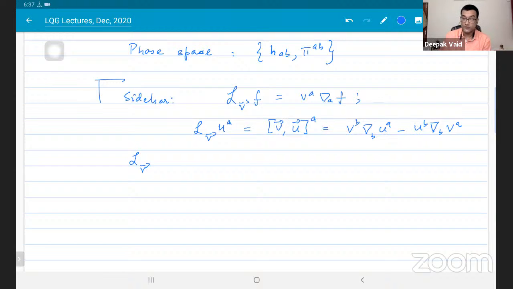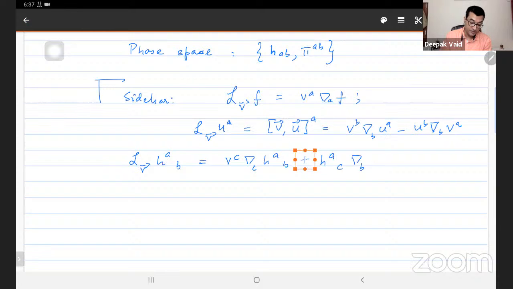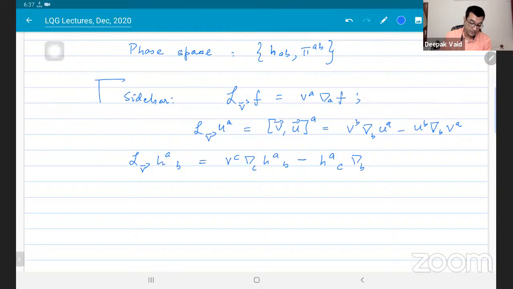Then you apply the Leibniz rule, you expand out everything, and you find that if you have a tensor field of this form, then the Lie derivative will be the term with AB, plus H_AC grad_B V^C, plus H_CB grad_A V^C.